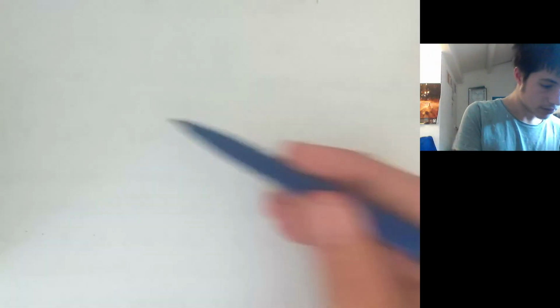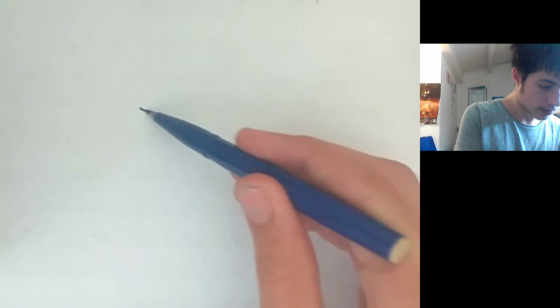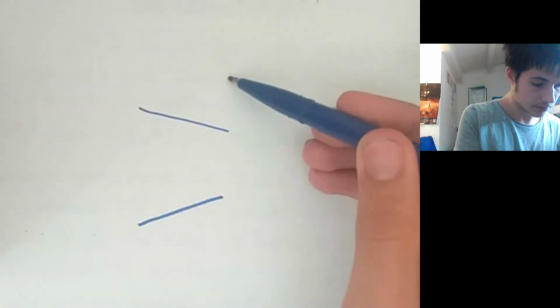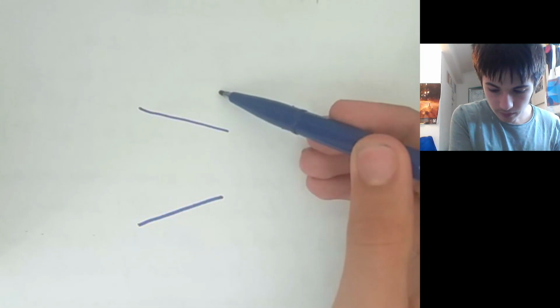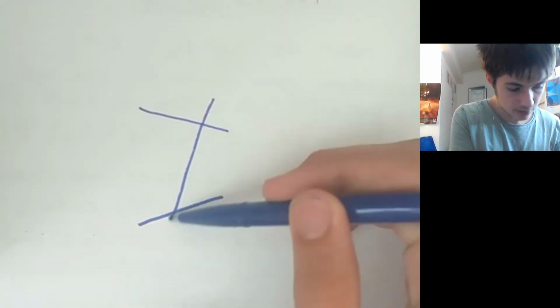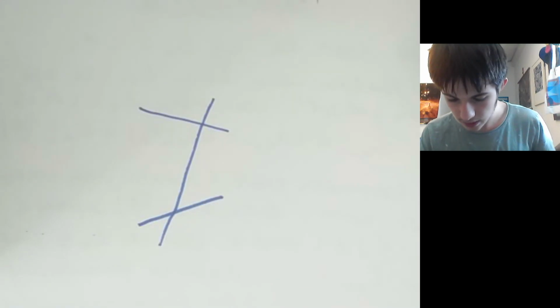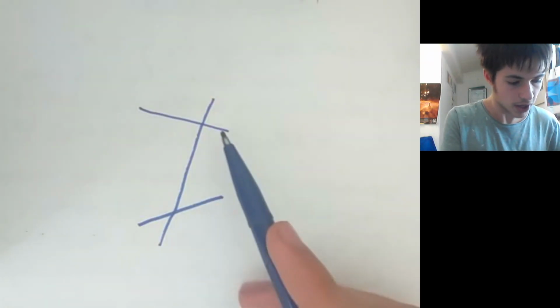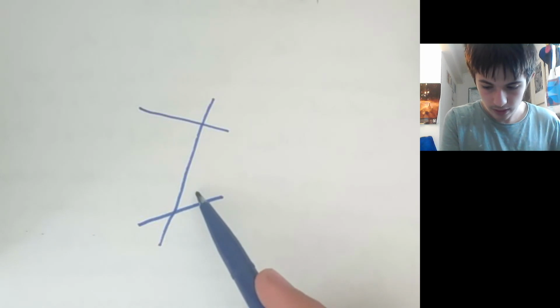Well, that sounds like a huge statement, and what it's actually saying is that we have two straight lines, and we have another line meeting them. And it makes the interior angles on the same side less than two right angles.